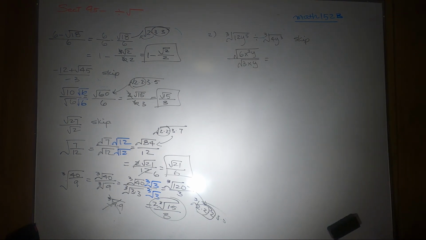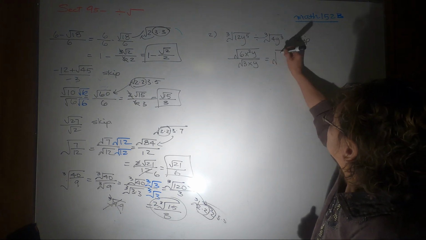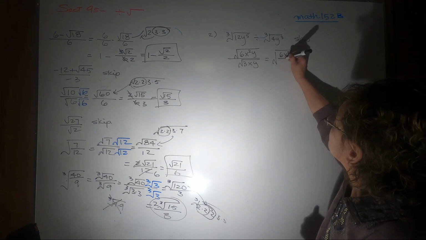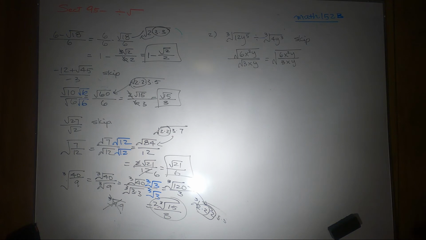Vertically. Okay? Then we say, okay, both are square roots, so we can just put them together. Sometimes you split them, sometimes you put them together.